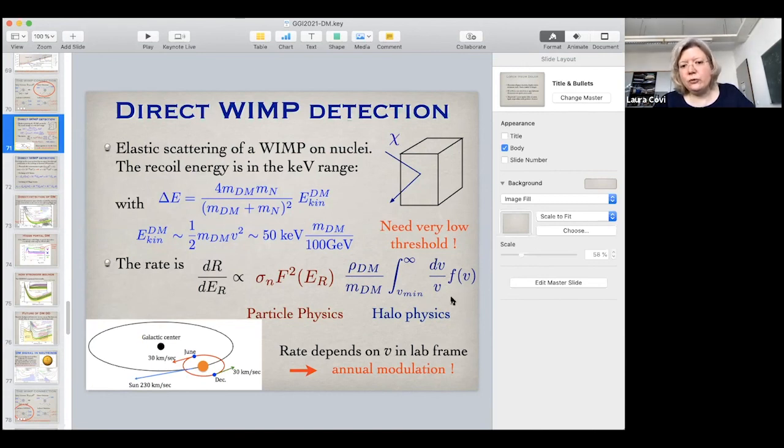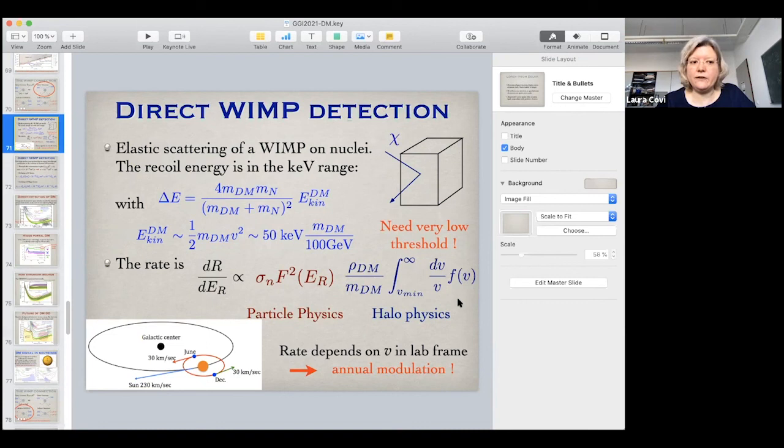And of course, if you move to higher velocities, you would probably get more signal. But at the end, the analysis that the experiments usually do is mostly for the Maxwell-Boltzmann distribution. One has also to say that the real distribution of the dark matter, as we can compute it from simulations, is not really Maxwell-Boltzmann. So there have also been studies trying to extend this to some other distribution.